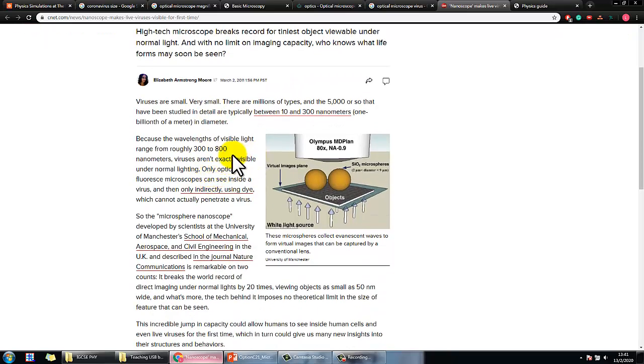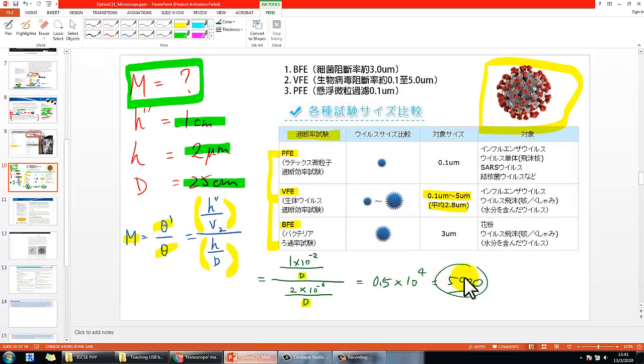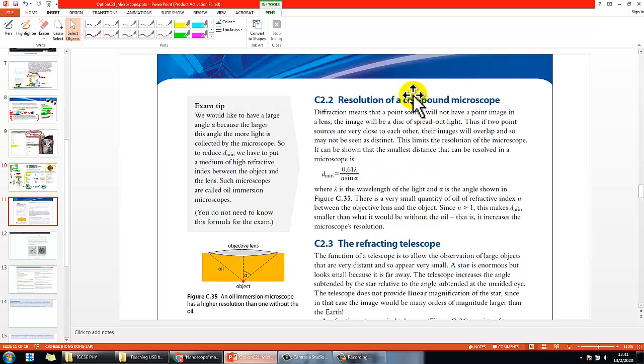The reason why we can't actually see it is not because the angular magnification is not high enough. You may say, hey, 5,000 seems quite large, but if you search, 5,000 is actually achievable. However, it has something to do with the resolving power instead.